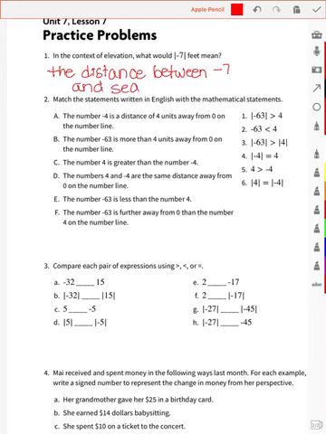Remember, we always say distance is positive, so even though it's negative, it's still 7 feet between 0 and sea level.